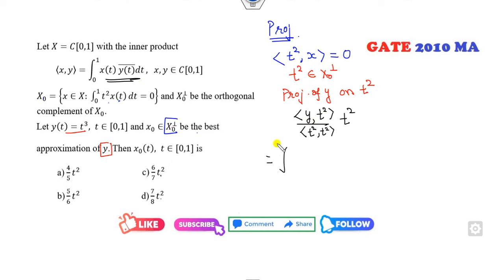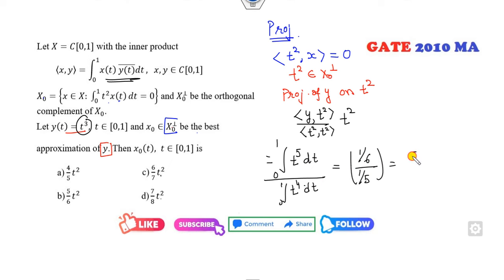It's the integration from 0 to 1 of y, where y is t cubed. So it is t raised to power 5 dt, divided by t raised to power 4 dt. Fine. So what is the integration of this? It is 1 over 6. The integration of this is 1 over 5. So the answer is 5 over 6. So the answer of this is 5 over 6 into t squared. That's B, my correct answer.